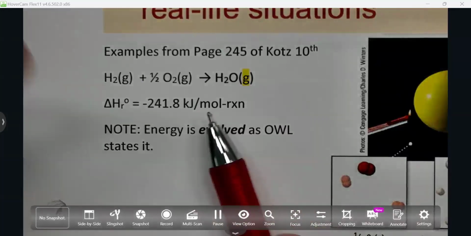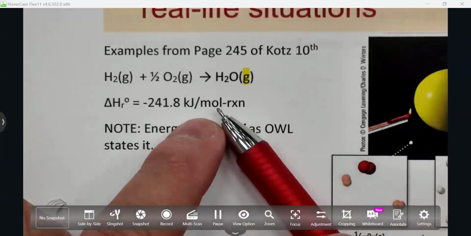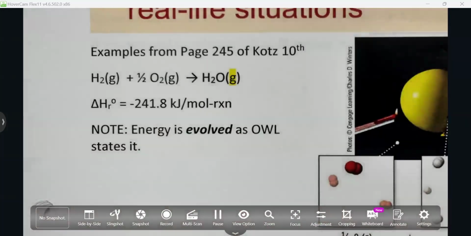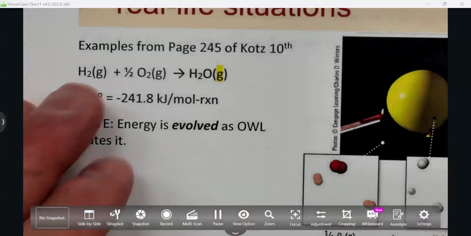You probably could figure out, I could calculate how many kilojoules of energy based upon the grams, correct? If we could burn so many grams, we could go grams to moles, and then we could figure out how much energy we need. Energy would be evolved, right? We're going to get energy out.